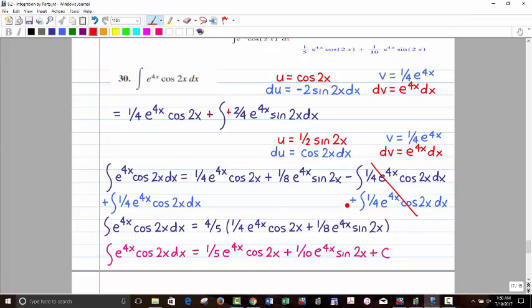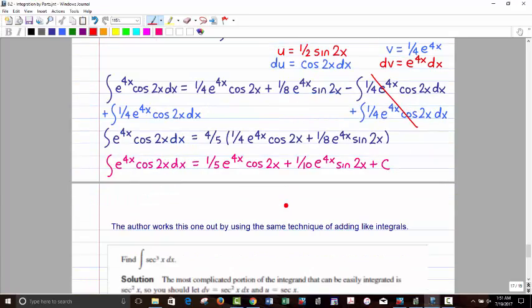That's why there's a 4/5 there. So if you're interested in looking this over, just see that, it's weird. The only way you're going to get out of this loop here and finish this problem is, as soon as you do this, it cancels this integral by adding it to the other side, and now you have an integral only on the left side, and there's no integration left on the right side. So then you have it. Now, of course, the step I didn't show is there would have been a 5/4, which means I multiply both sides by 4/5. So that's an interesting technique.